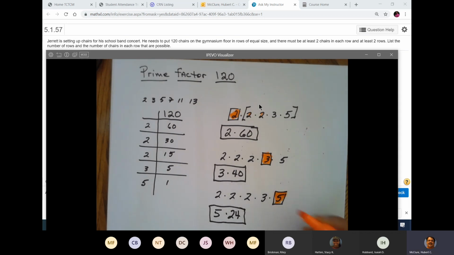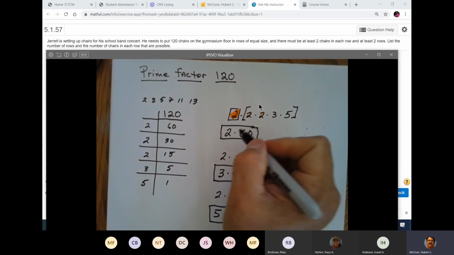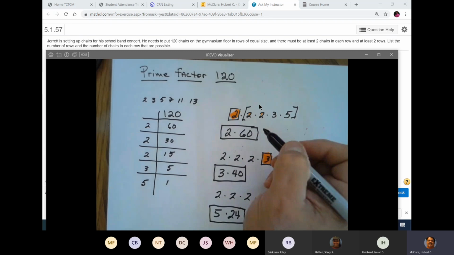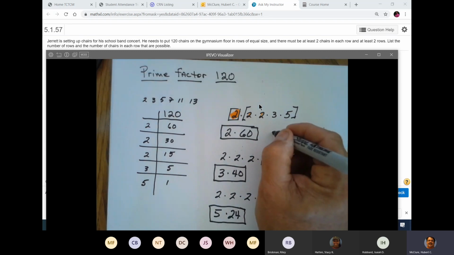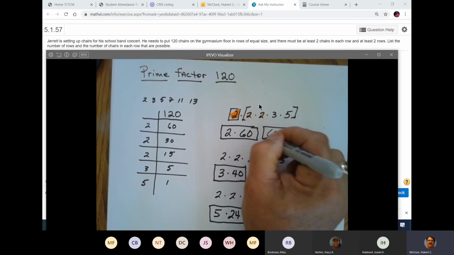Now, the overlap counts on this one. So 2 times 60 means 60 rows of 2, or you can have 2 rows of what? You can have 2 rows of 60, or you can have 60 rows of what? 2.